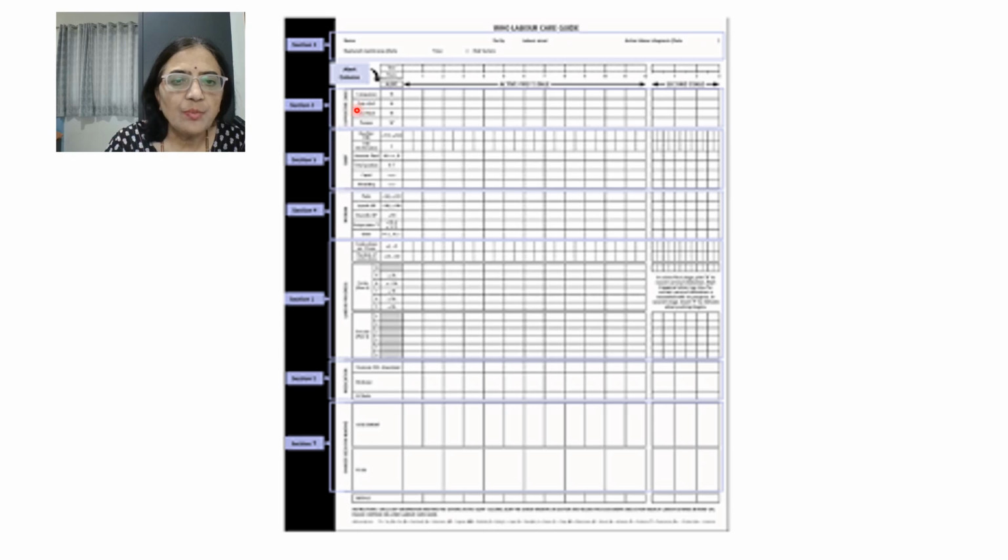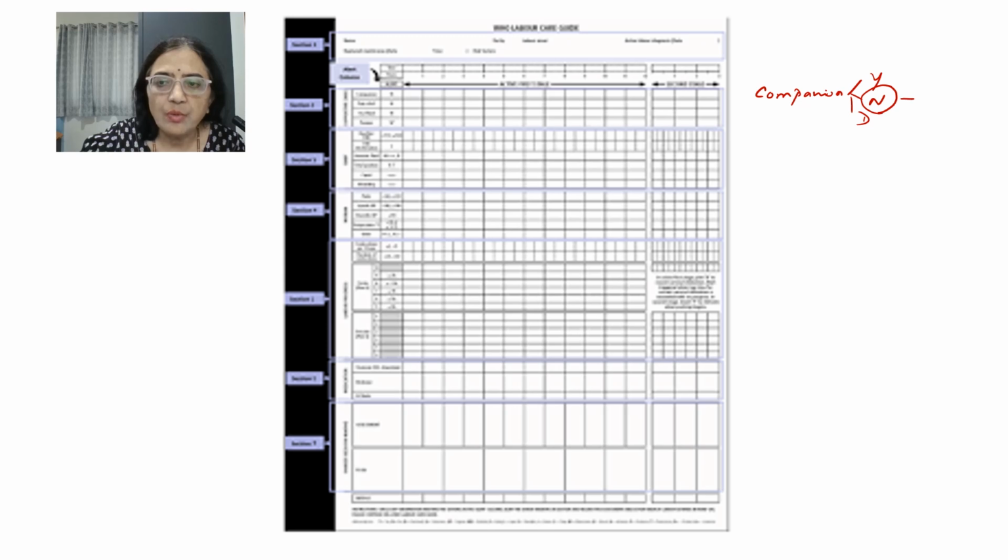Such as, if for support there is a companion, we have 3 options: yes, no, or decline. If it is yes or decline, it's okay. But if it is no, that means the patient wants but there is no companion, we have to encircle it.